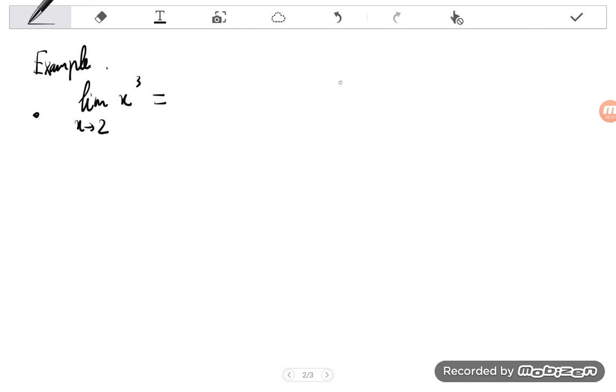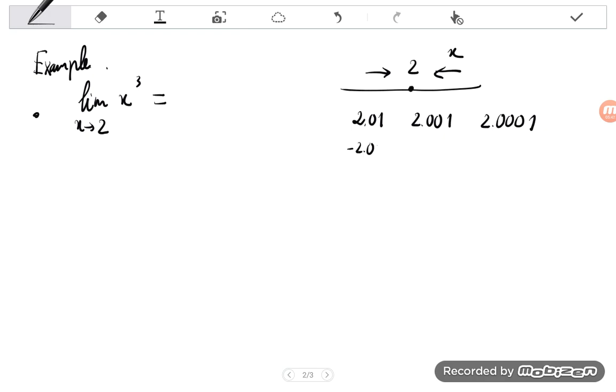You can imagine, when x gets closer and closer to 2, maybe 2.01, 2.001, 2.0001, or from the left, 1.99, 1.999, 1.9999, etc. You can use your calculator to calculate the value of x cubed at these values of x.